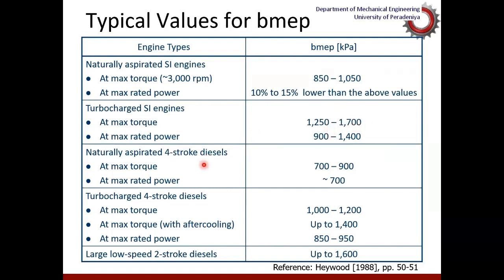And if it is a diesel engine, of course, compared to petrol engines, the brake mean effective pressure of diesel engines is slightly lower. You can see at maximum torque, for a naturally aspirated 4-stroke diesel engine, it's in the range of 700 to 900 kilopascals. Whereas if it is a spark ignition engine, it will be around 850 to 1050 kilopascals. The reasons for those we can discuss later in detail.